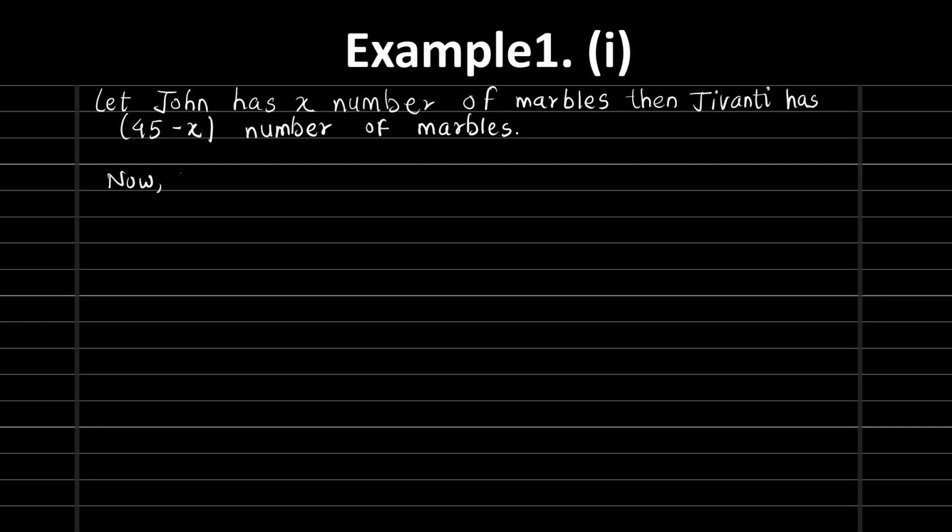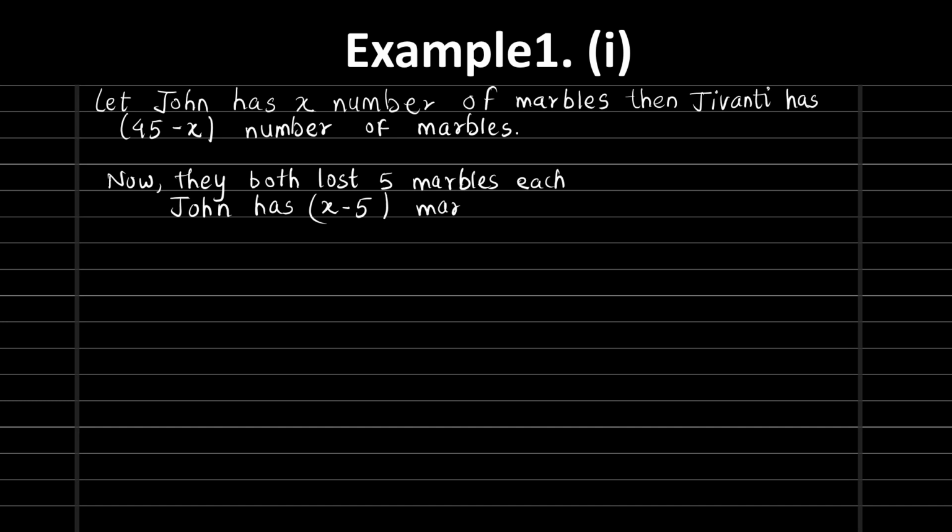So since they both lost 5 marbles each, John now has X minus 5 marbles and Jivanti has 45 minus X minus 5, which in turn is equal to 40 minus X marbles.